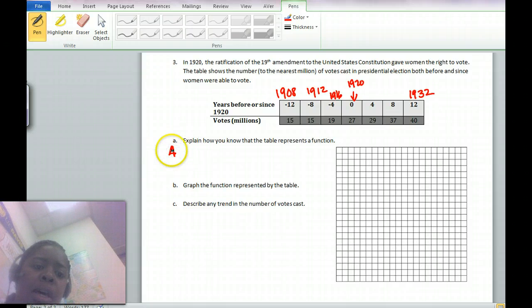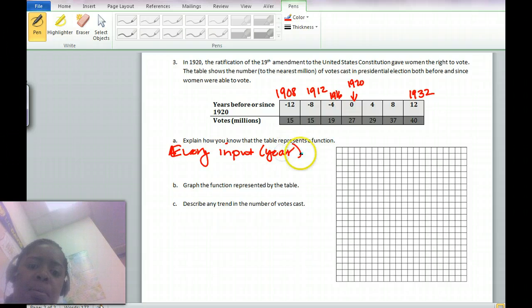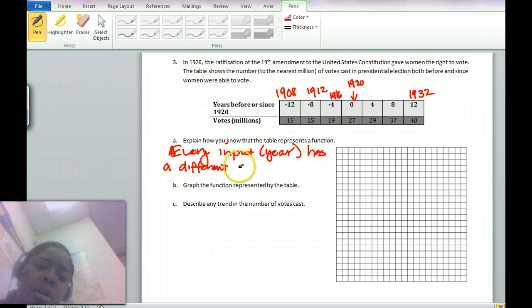So I'm going to say, every input, which for us is the year, has a different output, which for us is number of voters.